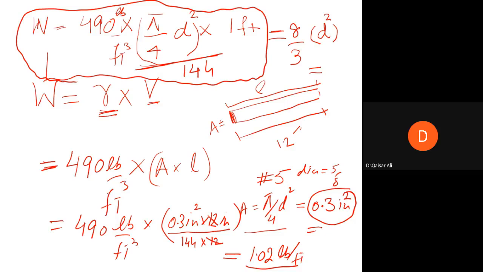Now you can do this again. D equal to 5 by 8, or 5 by 8 whole square multiplied by 8 by 3, you will exactly get the same answer. 5 by 8 is the diameter of the steel bar, our number 5 bar.